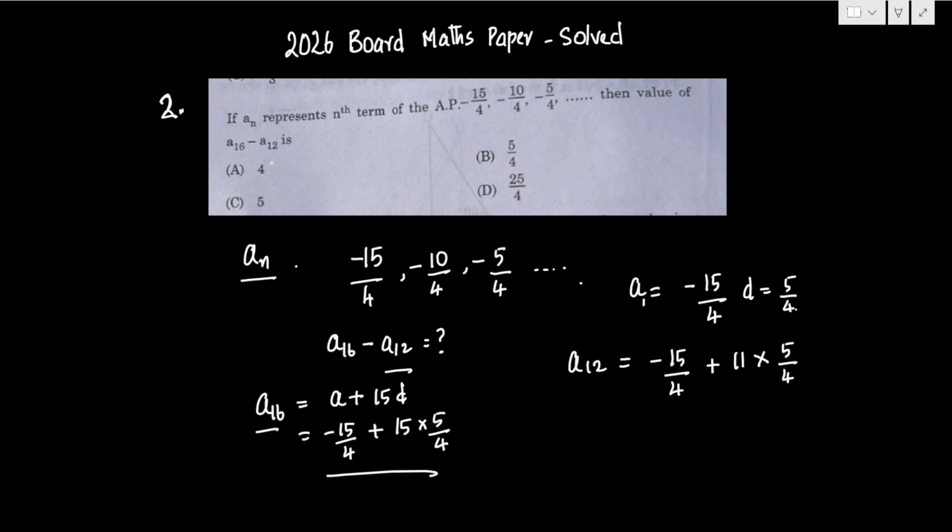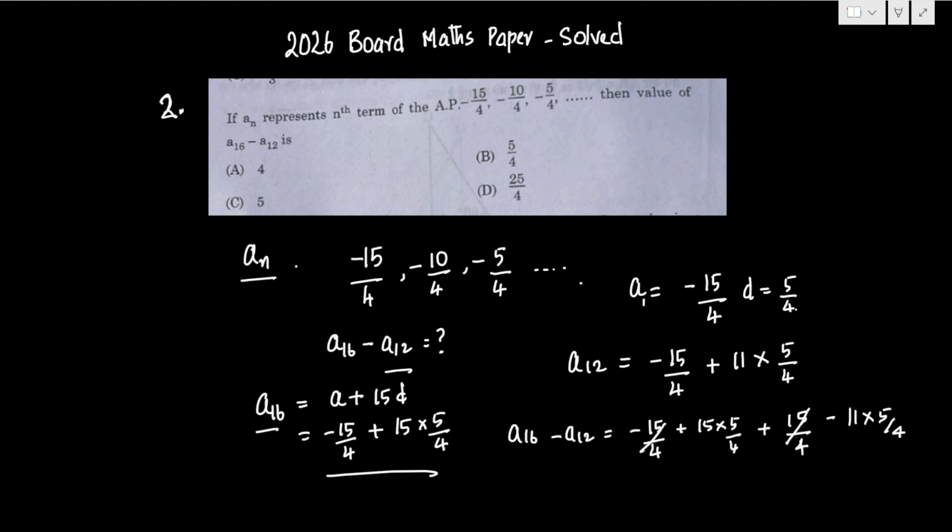So A16 minus A12 equals this value, minus 15 by 4 plus 15 into 5 by 4, minus this value. Simplify it: minus minus becomes plus 15 by 4, and this becomes 11 into 5 by 4.